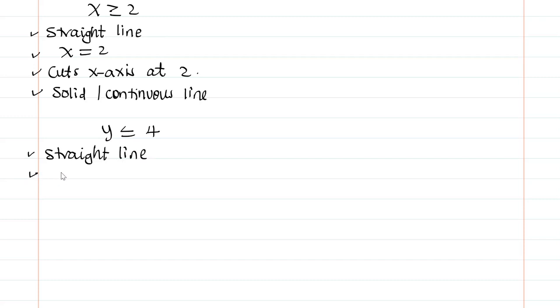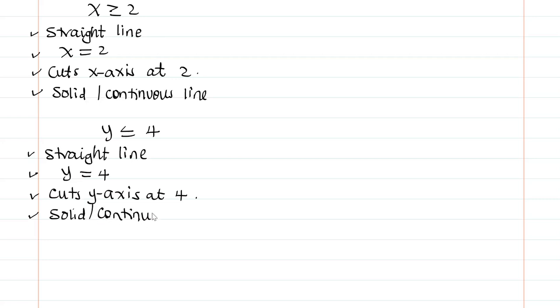And then this is the line y equals to 4. Because here there is y, not x. So the line y equals to 4 cuts the y-axis at point 4. And what is the next property? It is less than or equal to, and therefore it is a solid line or continuous line.